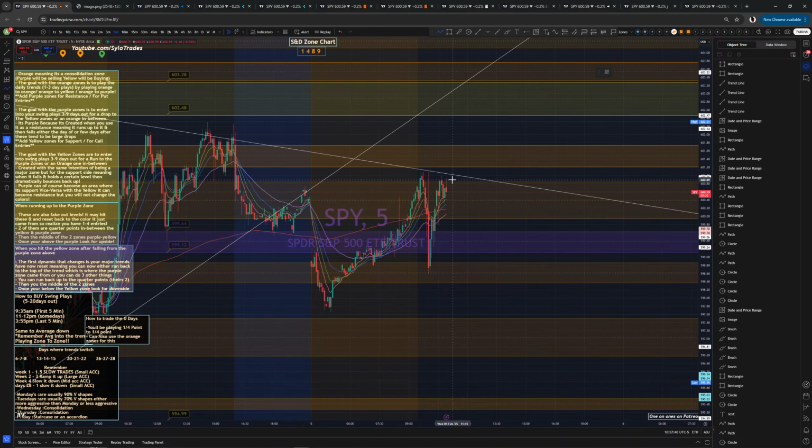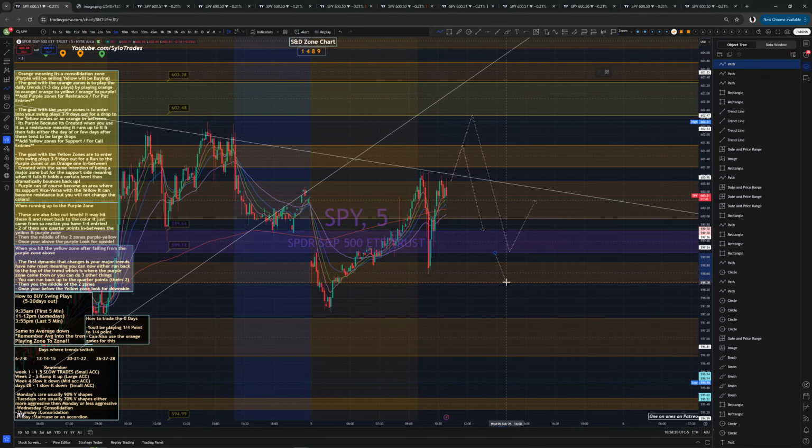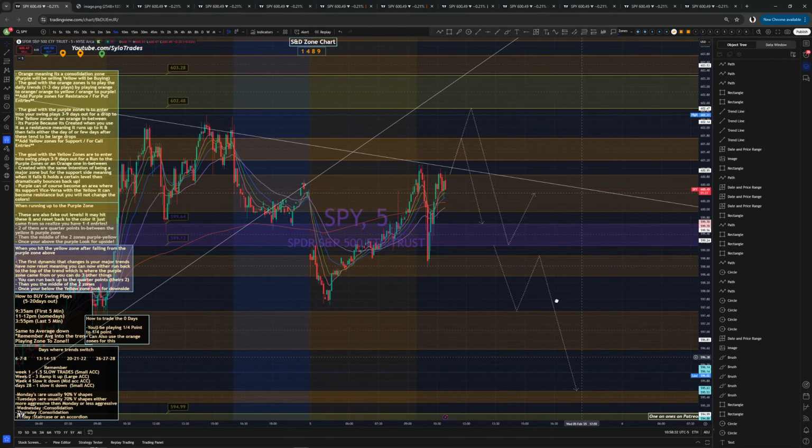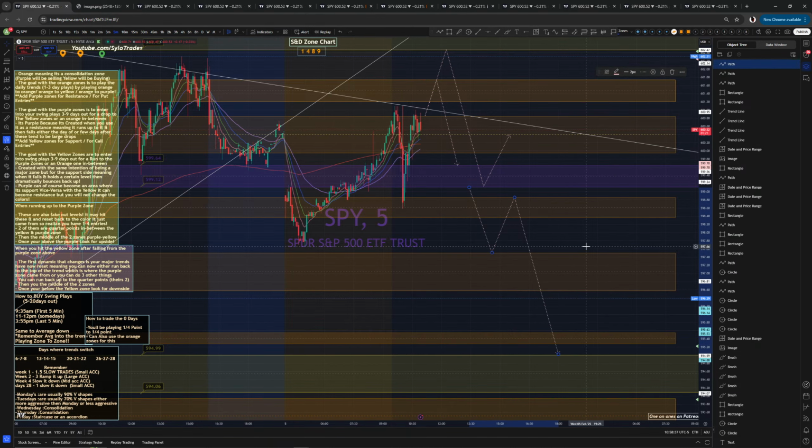So let's see if we add any more routes from this current area here. So again, if this is going to be aggressive to the downside, that's exactly what it's going to do.